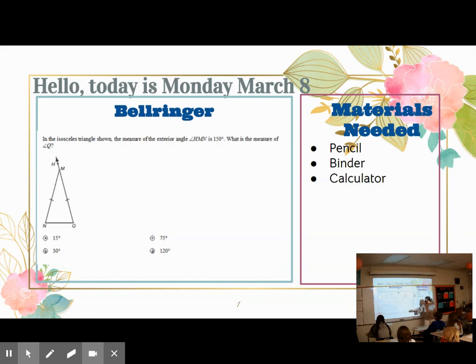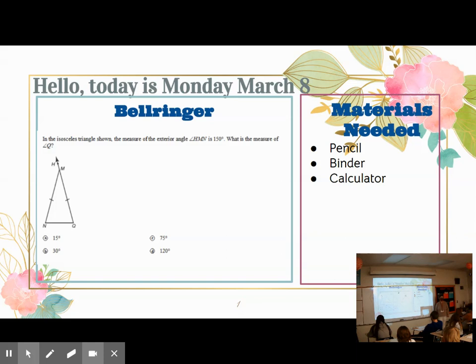Let's say I have this triangle and this triangle. Could I use side, angle, side on these two?